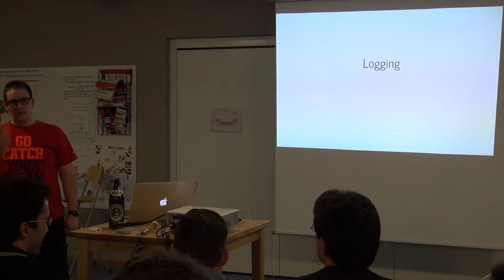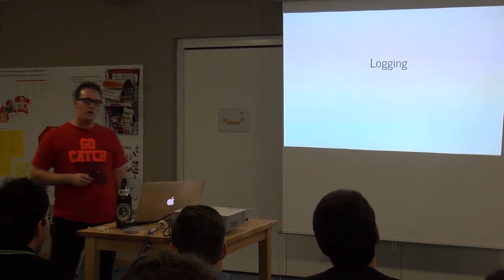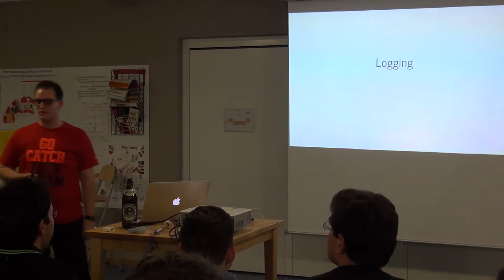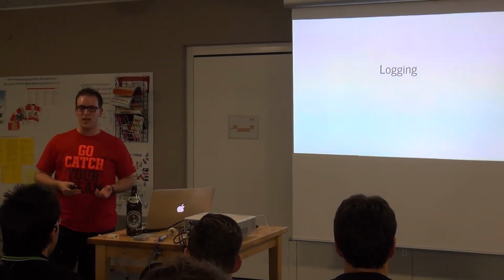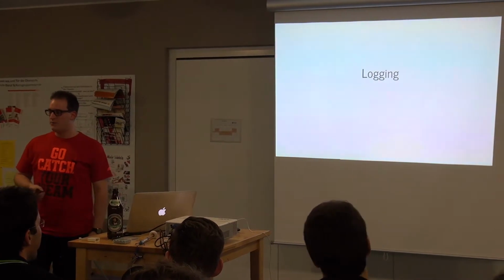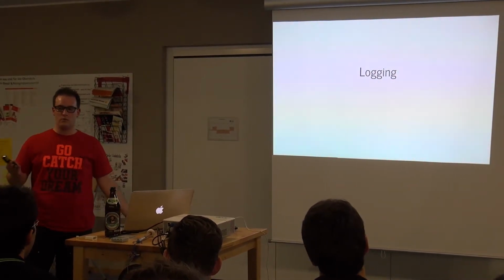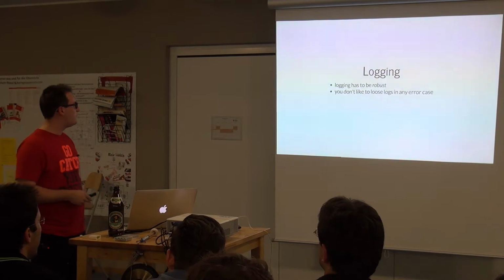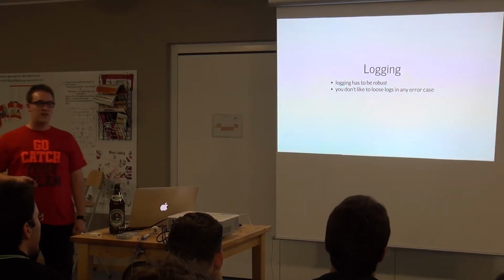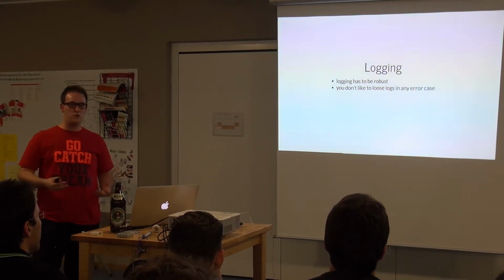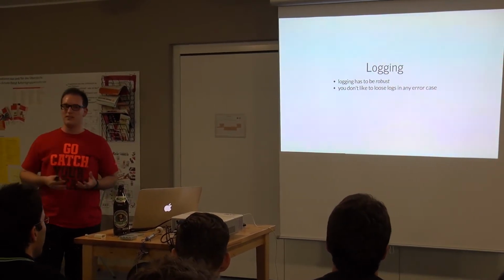So I think logging is one of the most important parts, because whenever something goes wrong, you like to know that something went wrong, and you like to know what went wrong, because you can't fix it if you don't know. So logging has to be really robust, and you don't like to lose logs in any error case.